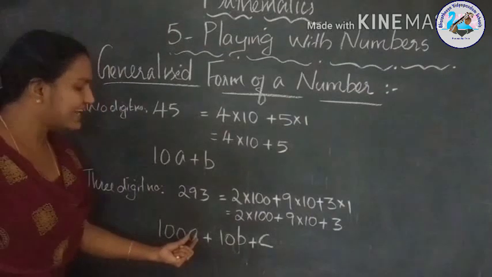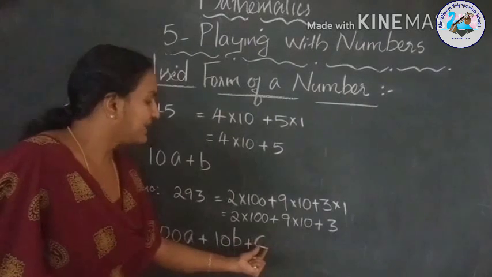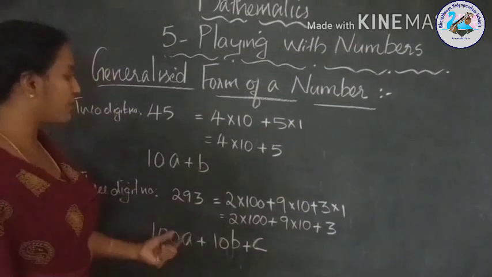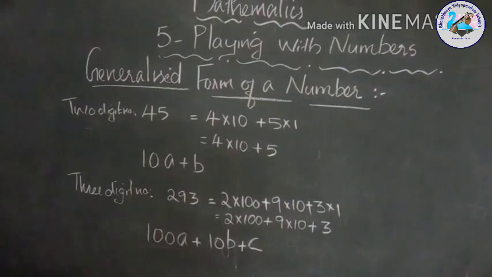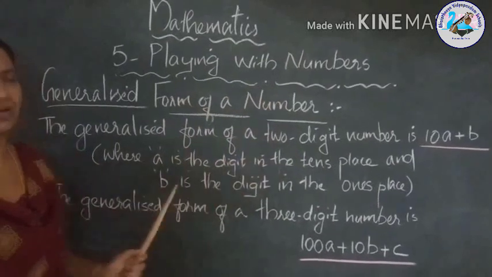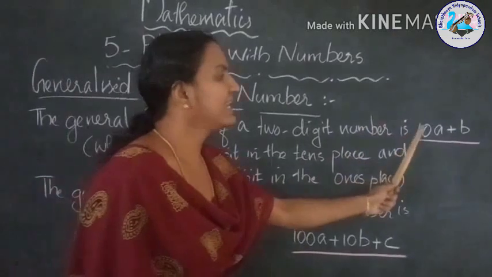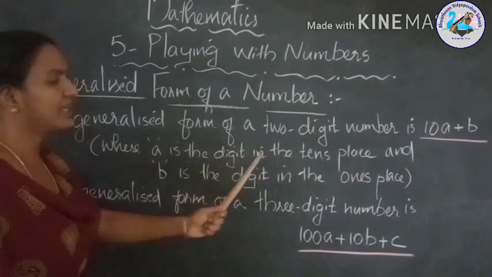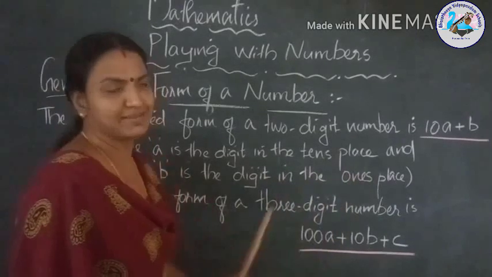Here a is the digit in the hundreds place, b is the digit in the tens place and c is the digit in the ones place. So the generalized form of a 2-digit number is 10a plus b, where a is the digit in the tens place and b is the digit in the ones place.